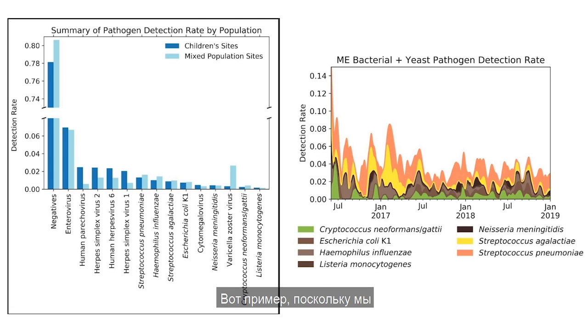Because we're talking about meningitis, this is an example of meningitis data that we've looked at. We looked at children's site-specific versus mixed population sites and the prevalence of each specific target from each site. This represents just the bacteria and the yeast pathogens, but of course you can do it for the viruses as well.